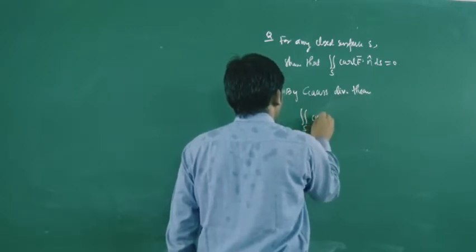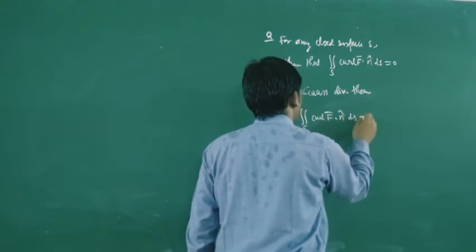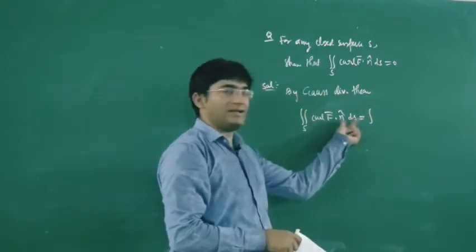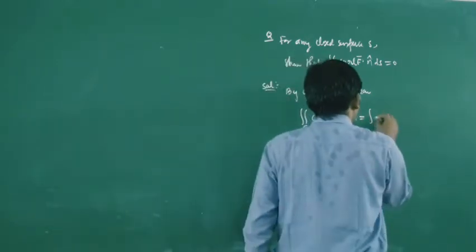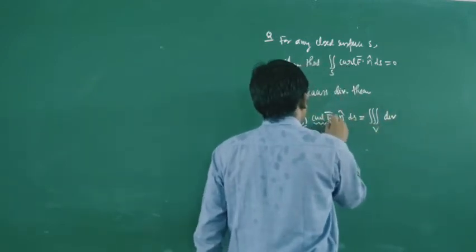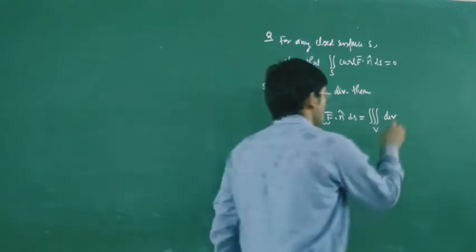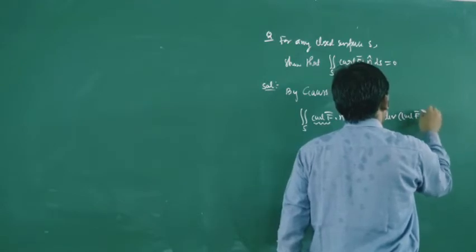the integral of curl of f dot n ds is equal to the integral of divergence of curl f dv. That means in place of f now we have curl f. So, we have divergence of curl f dv.